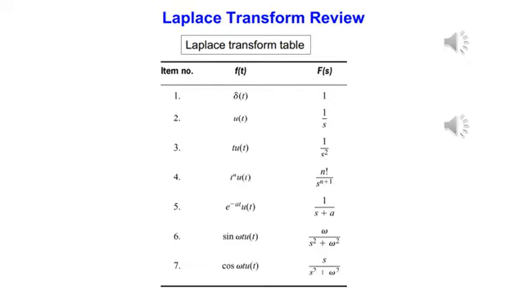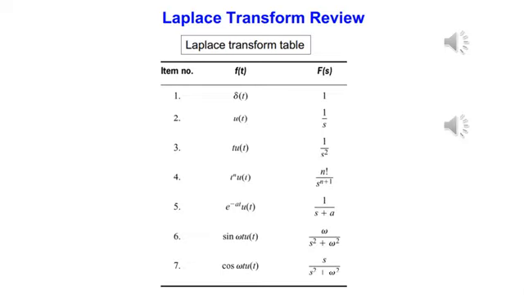So this u of t just represents that the function exists only after t is equivalent to 0, and it remains forever after t equals 0. The actual representation is on the left-hand side, that is sine omega t or cos omega t or e raised to the power alpha t or t raised to the power n or anything else. The function is on the left side, while u of t only limits it to positive values of t.